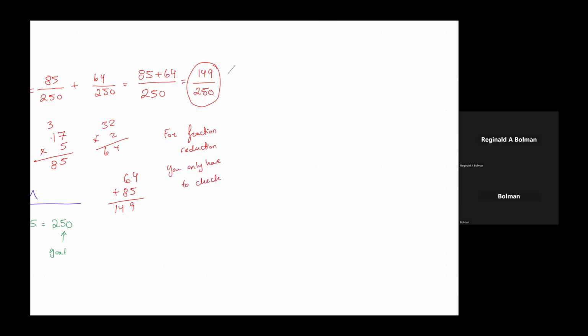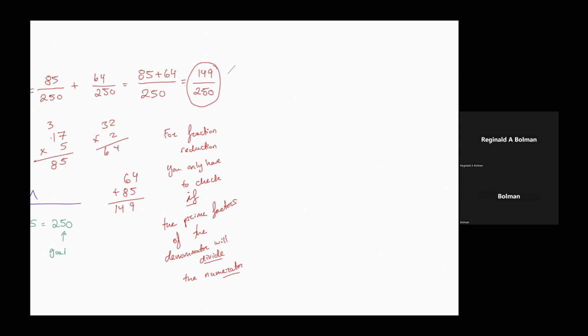If the prime factors of the denominator divide the numerator. That's really the only thing you have to check, guys. If the prime factors of the denominator will in fact divide the numerator, then you can reduce. That's the only time you're actually allowed to reduce, is if the prime factors will divide the numerator.